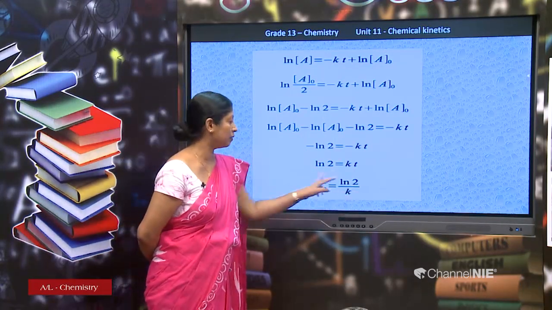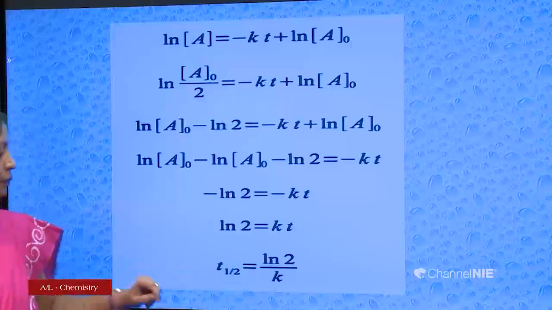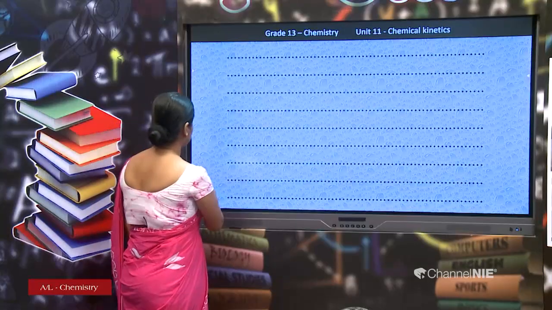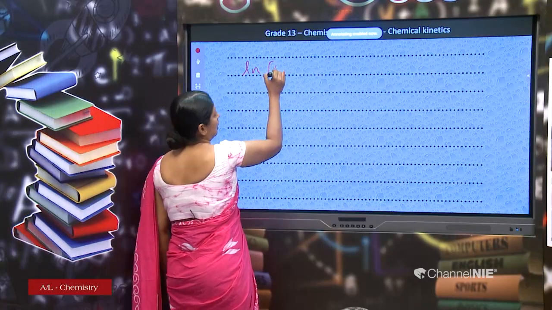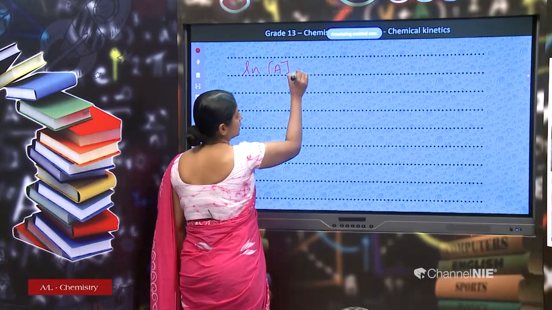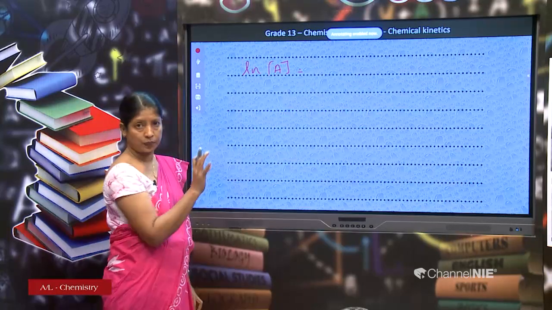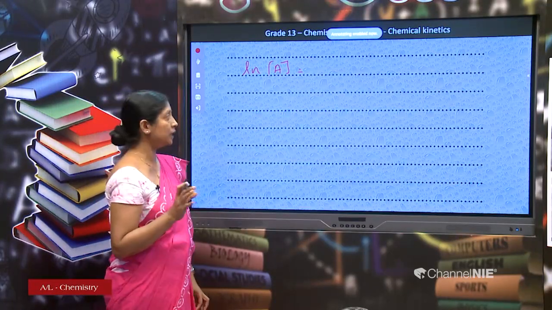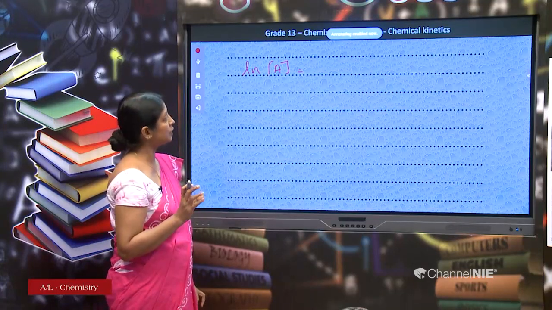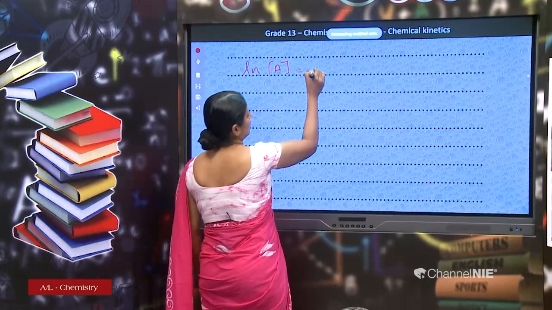Here you can see half life is given in this expression. So, then we can write, again do not worry about this expression. In the exam this first equation will be given. All you need is to apply your maths knowledge and simplify to get the expression for half life.